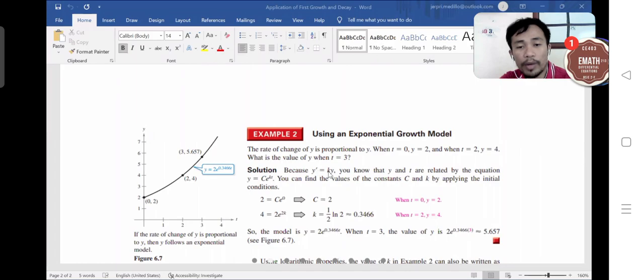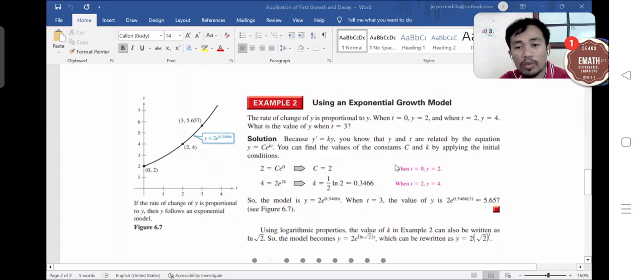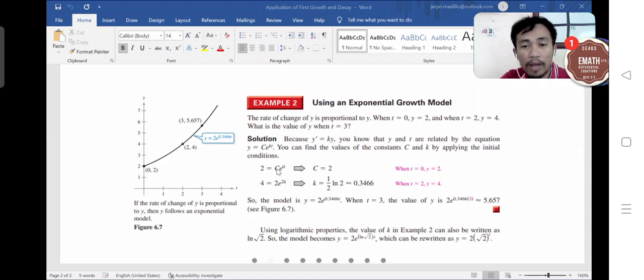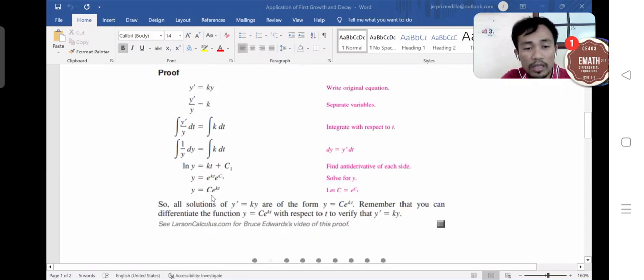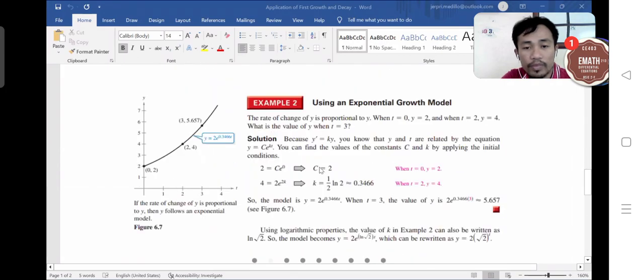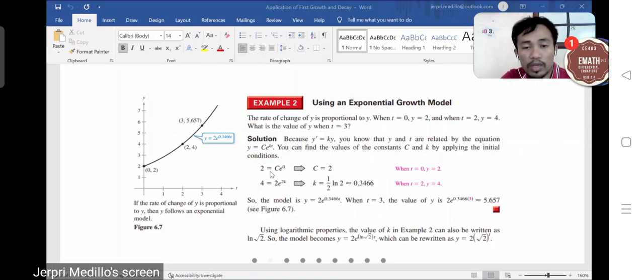Because y prime is equal to ky, you know that y and t are related by this equation. So the first thing we do is look at the value of y. We know our formula is y equals c e to the power of kt. So we apply it: when time is 0, 2 is equal to c e to the power of 0.